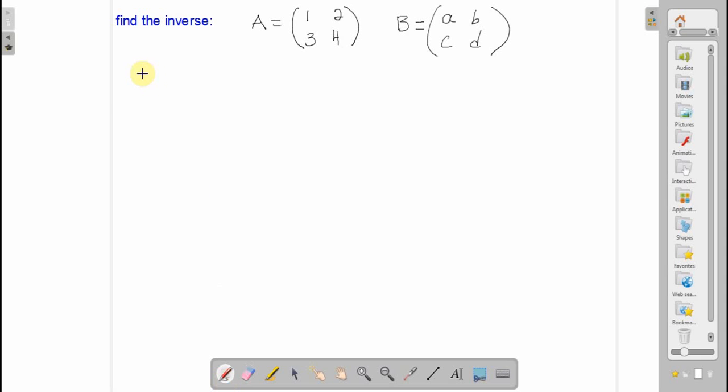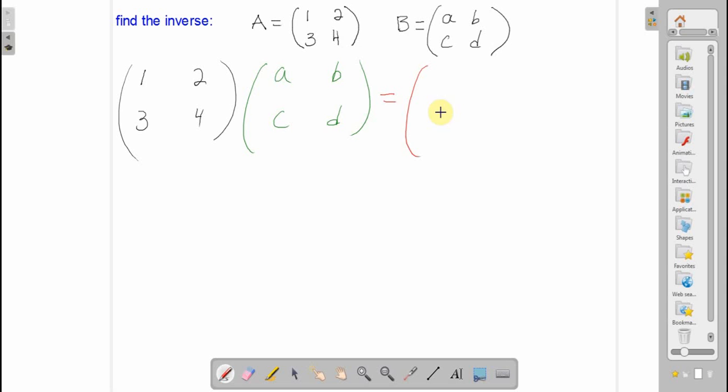We're saying that if we multiply A, 1, 2, 3, 4, times B, A, B, C, D, it should give us the special matrix 1, 0, 0, 1.